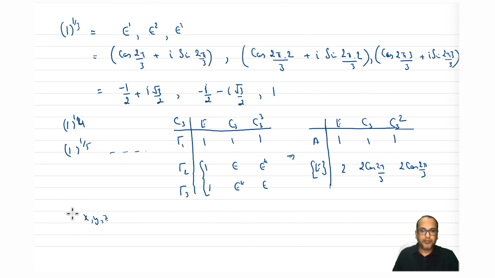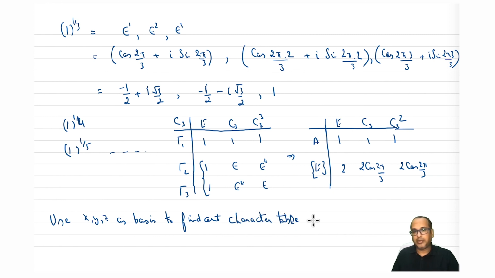So use xyz as basis to find out the character table using matrix representation for C3 point group.